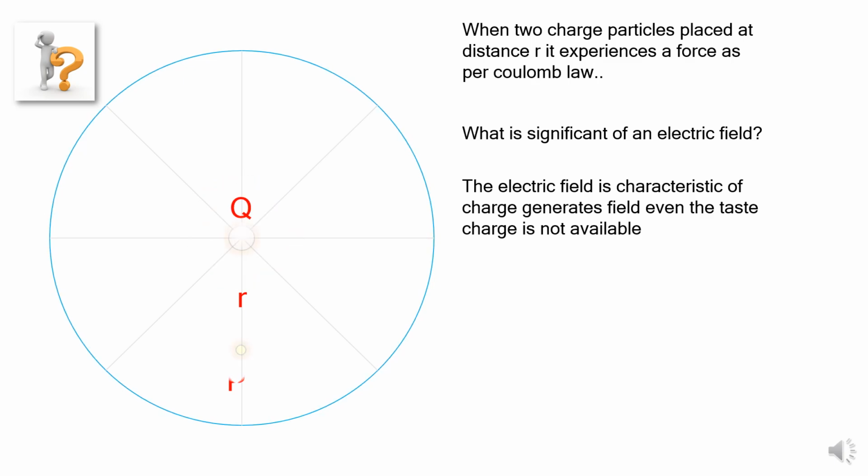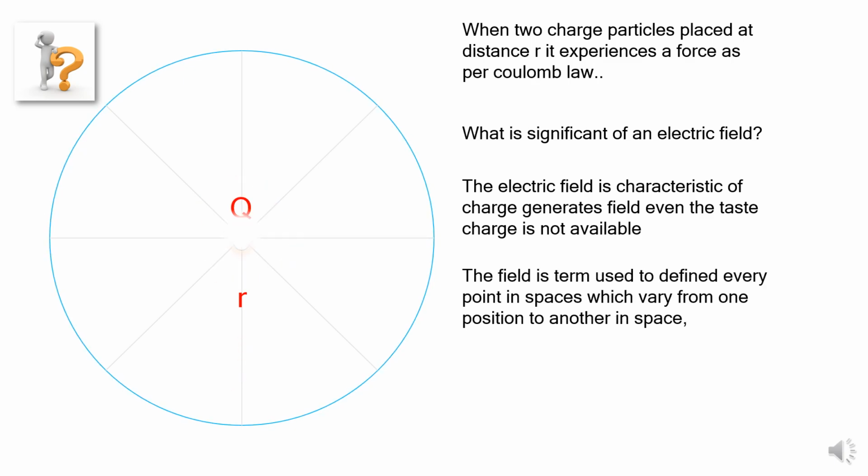You can see here, the field is a term used to define every point in a space. In this particular spherical space, what I mention very carefully, this is a spherical space, you can see here the charge is everywhere.